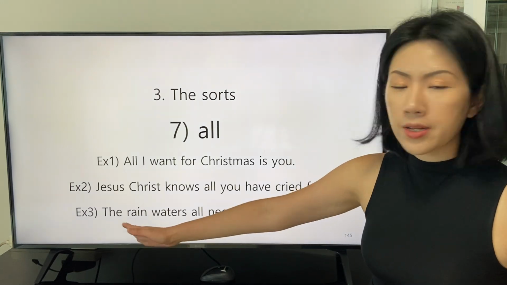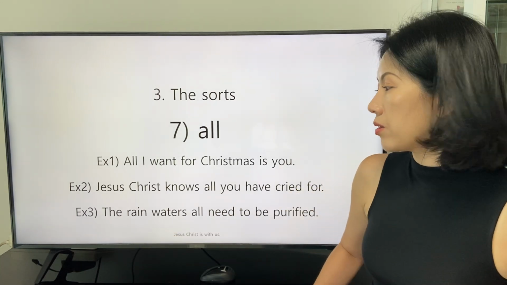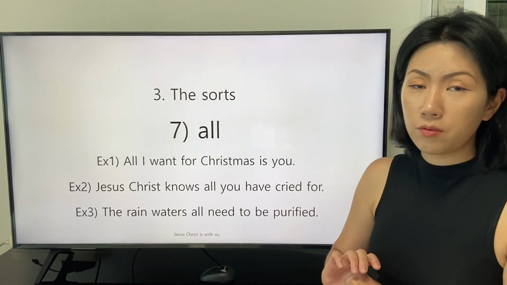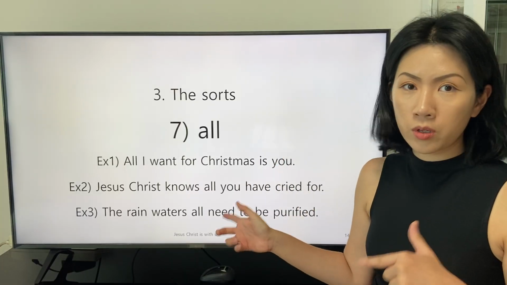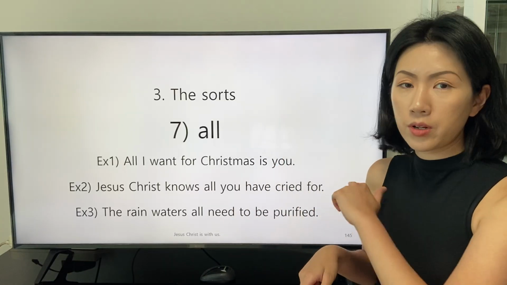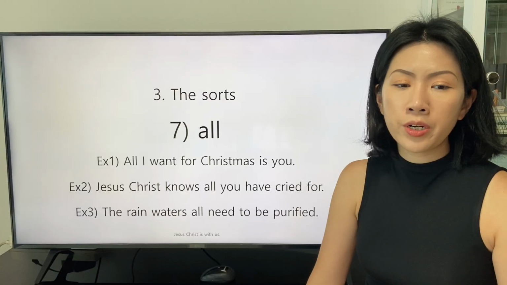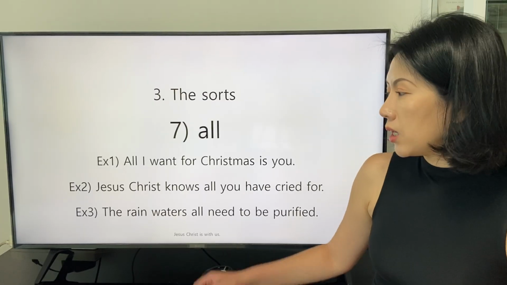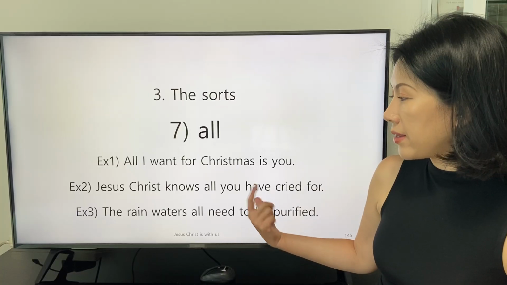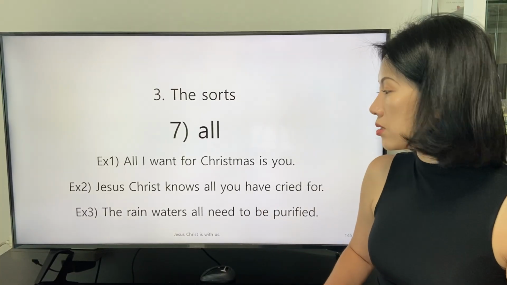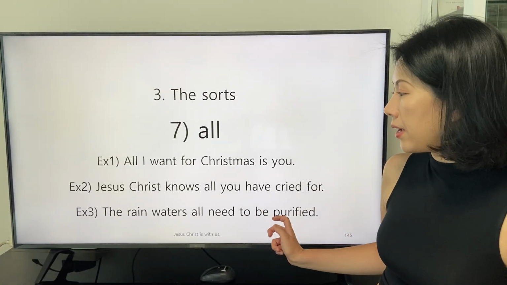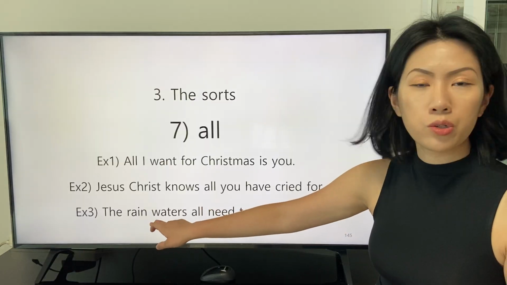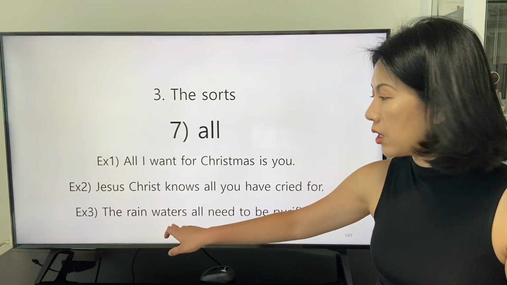In the third example, before we analyze the subordinate clause, we can read the third example. The rain waters all need to be purified. In this sentence, we can find that the subordinate clause all need to be purified is the object of the transitive verb waters.